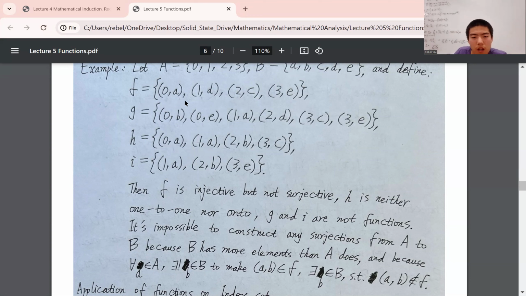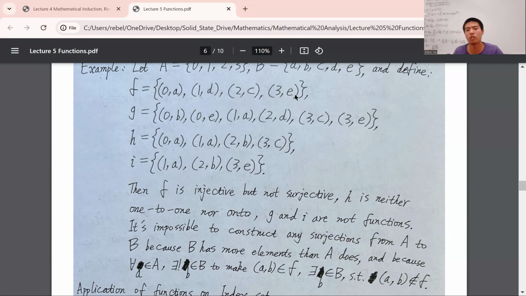And function F, let's say it goes A, D, C, E. So it reaches A, D, C, E, but not B, so it's not surjective. But it's injective because for all of the elements in the domain set, 0 goes to A, 1 goes to D, 2 goes to C, 3 goes to E, and each pair is unique.